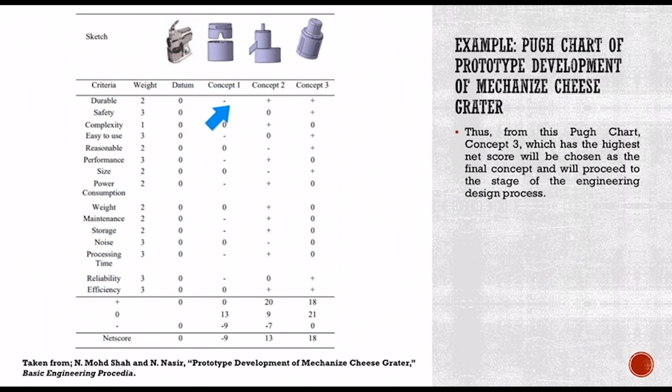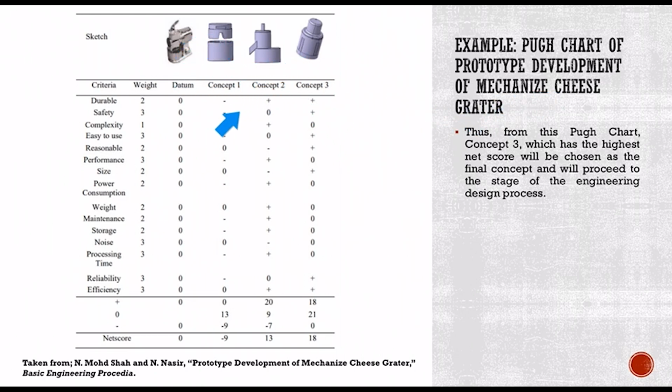And then there is a 3 concept is compared to a datum. So as you can see, the datum is the existing product here, and then the concept is the product that been developed for this project.